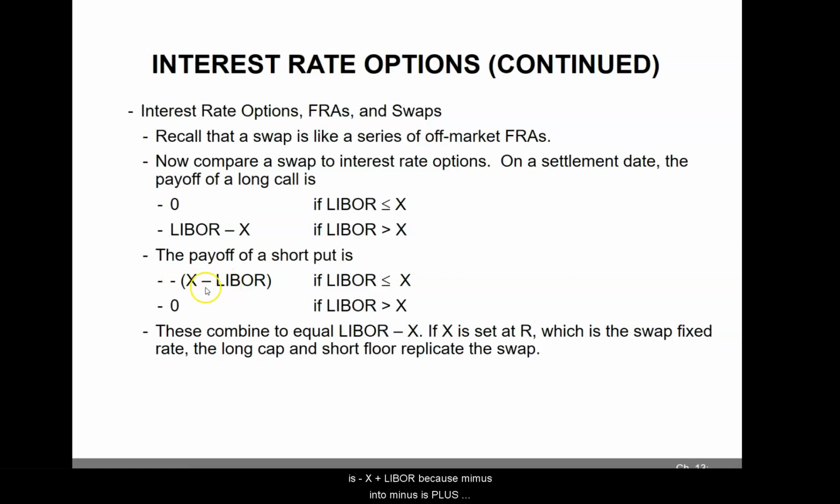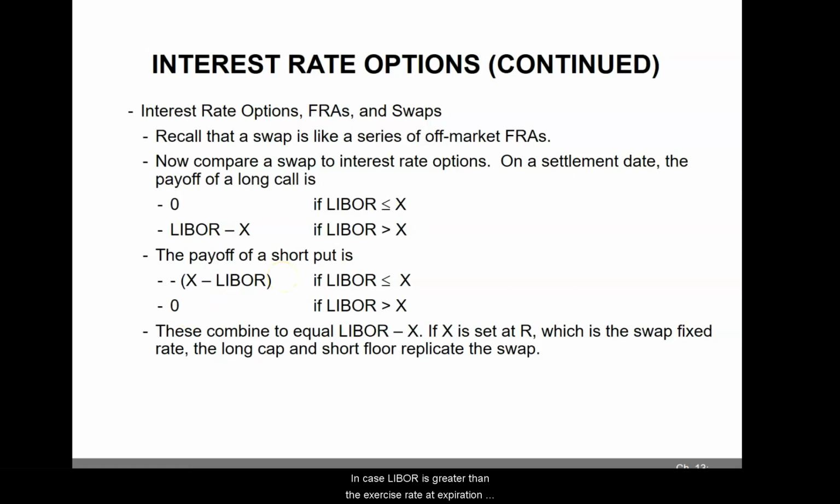So this will become plus LIBOR and minus X, which is the same as this one. In case LIBOR is greater than the exercise rate at expiration, the short put will have a zero payoff.